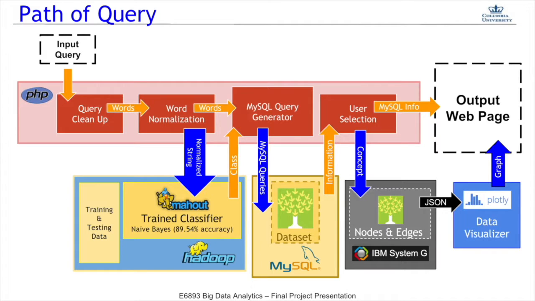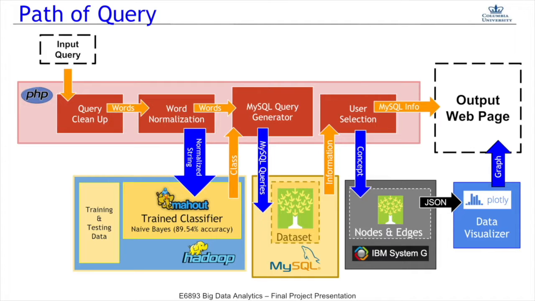When a user enters the query inside their text box, the first thing that happens is it goes through a query cleanup process in a PHP script. These words are sent to a normalizer, and this normalizer separates the string into multiple words and also sends the normalized string itself to a Mahout trained classifier contained inside Hadoop.